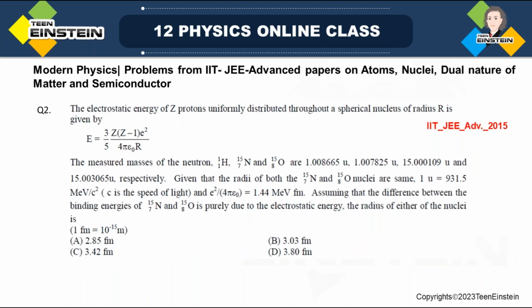This is a lengthy problem. We have to first of all read the problem properly, and then we will try to understand and solve this problem. So the electrostatic energy of Z protons uniformly distributed throughout a spherical nucleus of radius capital R is given by this.